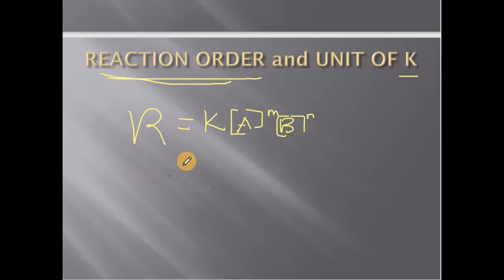So for every reaction, the rate R is proportional to the concentration of the reactant A, where this exponent can change. So if it is a 0th order reaction, then of course the rate of the reaction is equal to K, because A to the power 0, for a 0th order reaction, is 1.